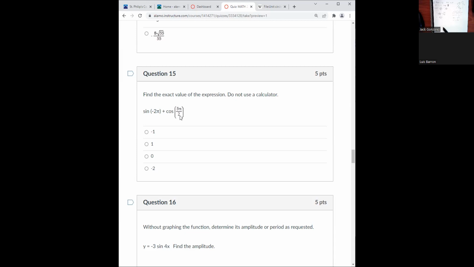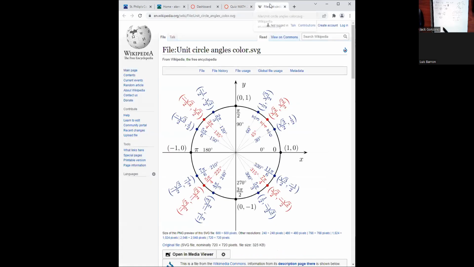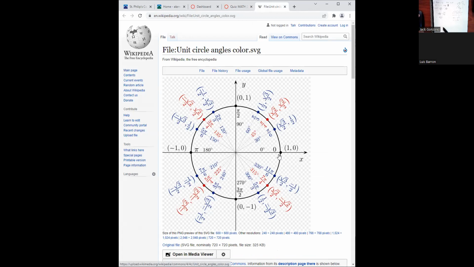Degrees is a little easier to see. -360 is just going back to the same spot, spinning backwards. And 5 pi over 2 would be 405 degrees if you convert it. So 405 would be right there. 360 is a full circle, and then you go 45 more.